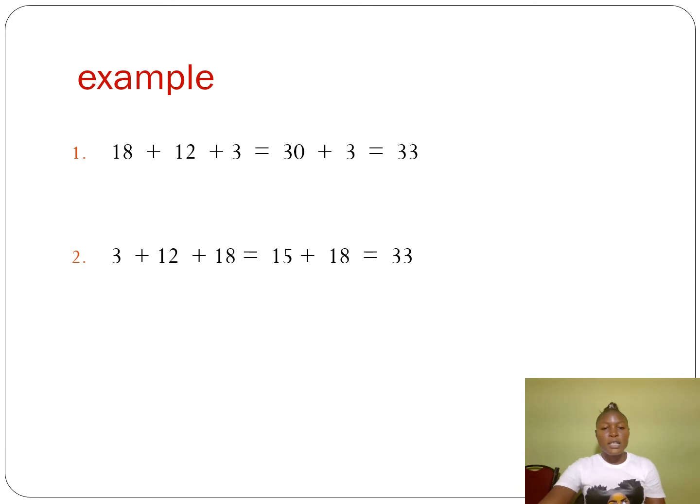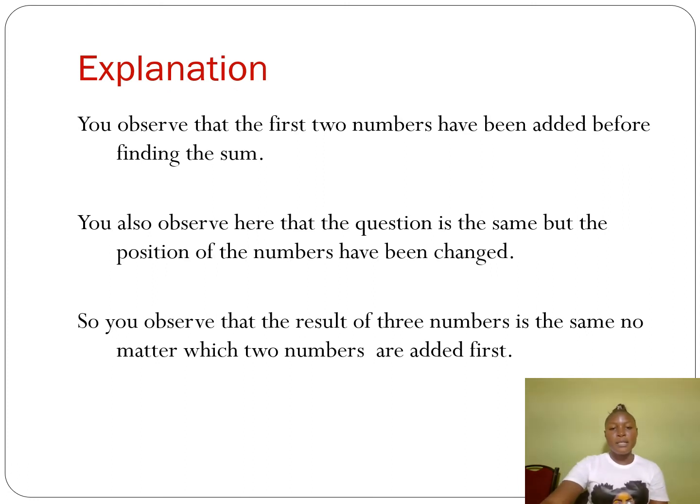When you go to the first example, you realize that 18 plus 12 were added to get 30. But here, since the positions were changed, the intermediate answer changed, but still the final total answer is the same. So you see, regardless of the position, the answer still remains the same.